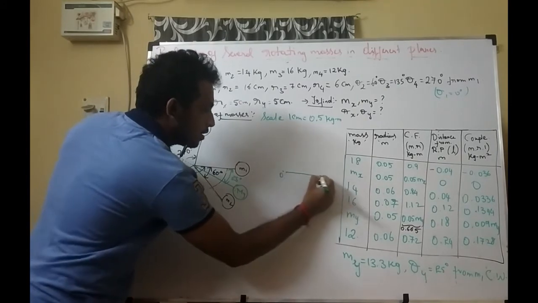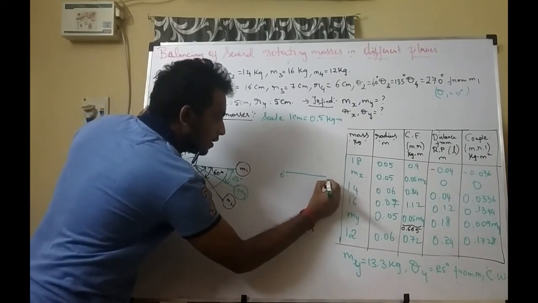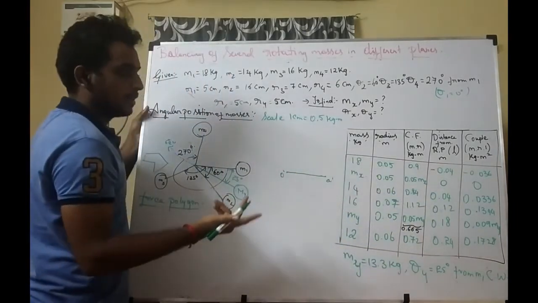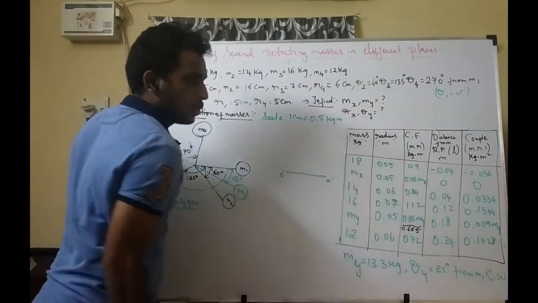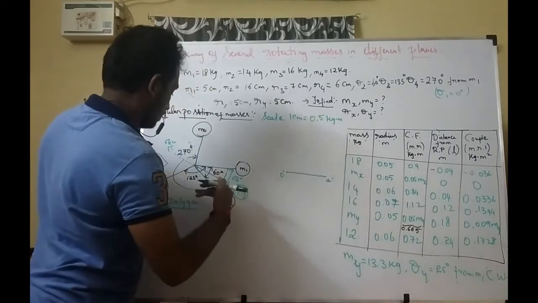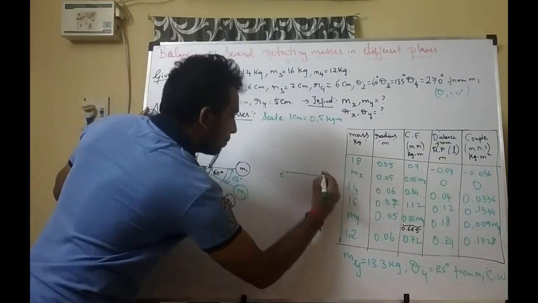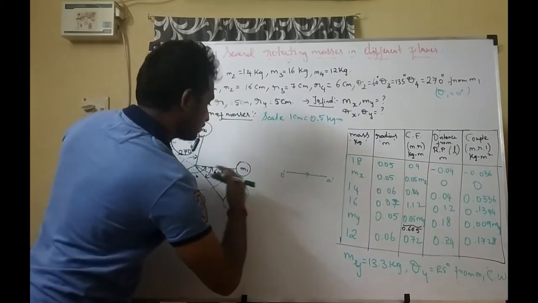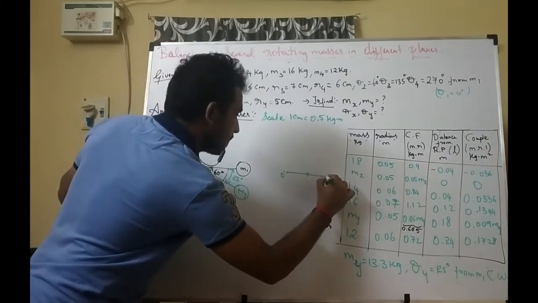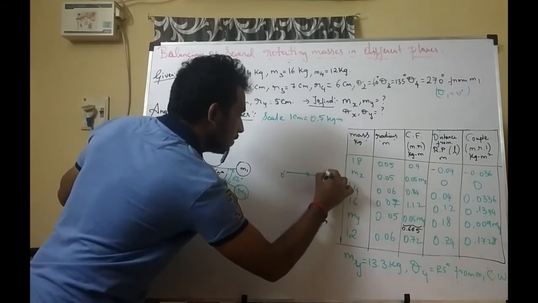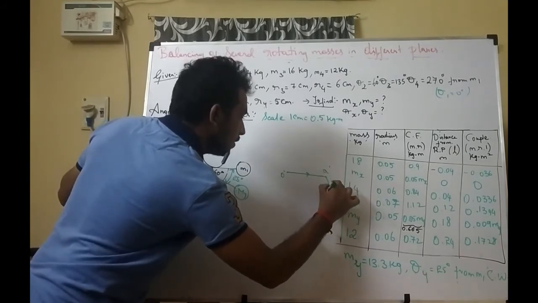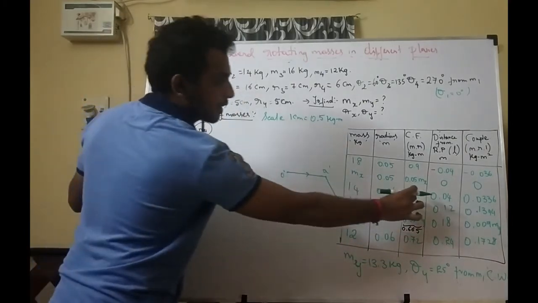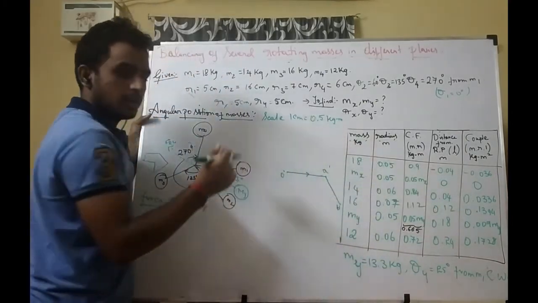Since we don't know the value of x, we move to mass 2 and draw parallel here, and we get B dash. The vector value 0.84 divided by 0.5 gives the length in centimeters.